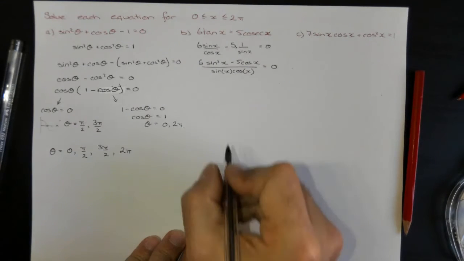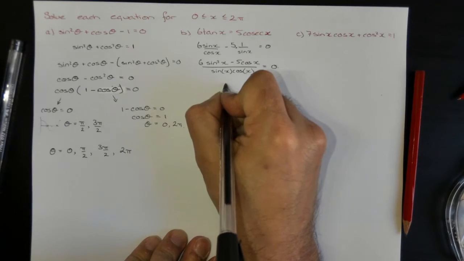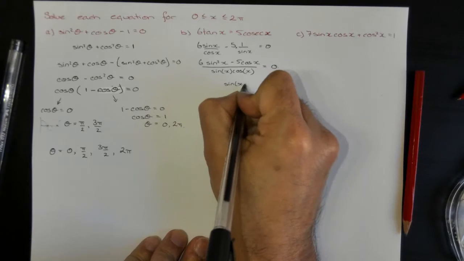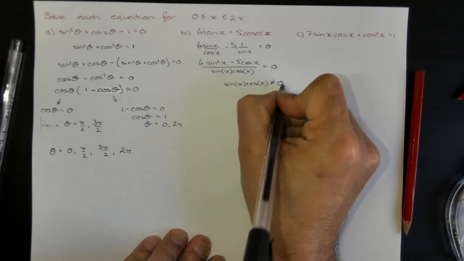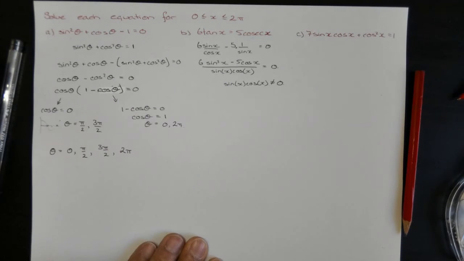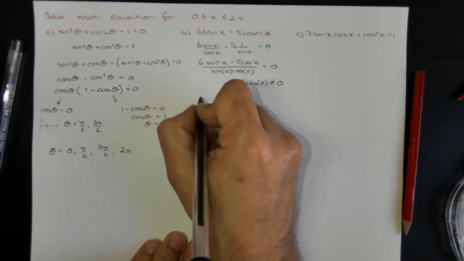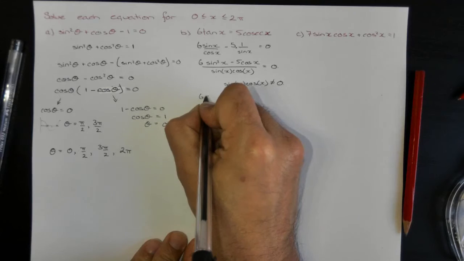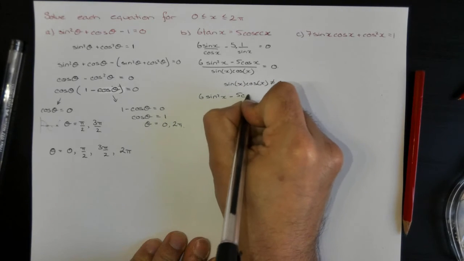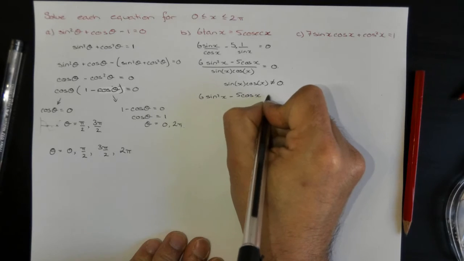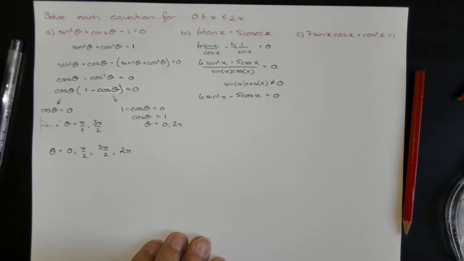Okay, and if that's the case, well then sine x cos x, the product of them, can't actually equal 0, because you can't divide by a 0 number. So really we get 6 sine squared x minus 5 cos x equaling 0.